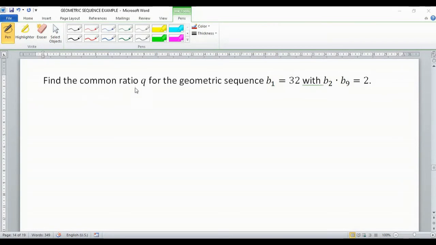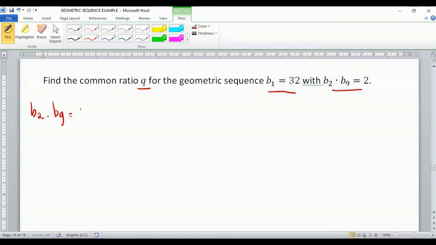Find the common ratio q for the geometric sequence. The first term is 32, and the second term times the ninth term is 2. To find q, we use the second term times the ninth term.